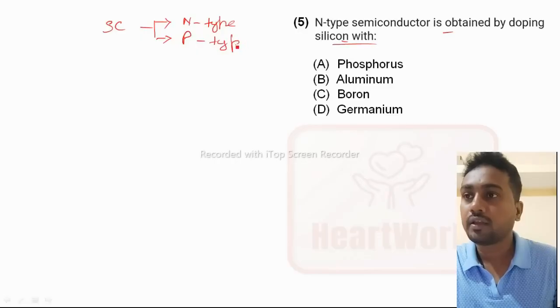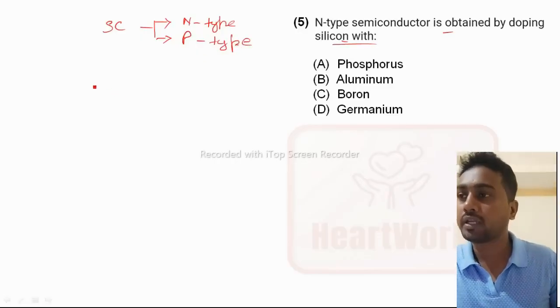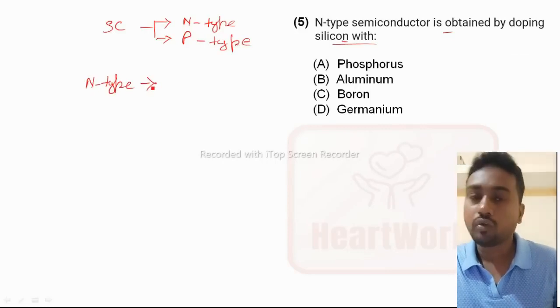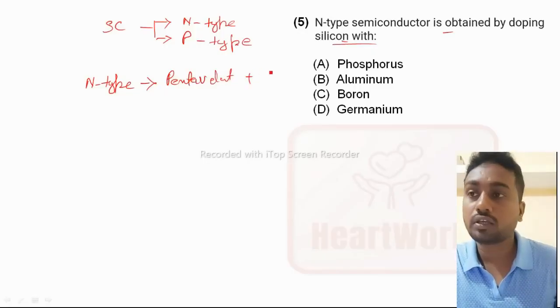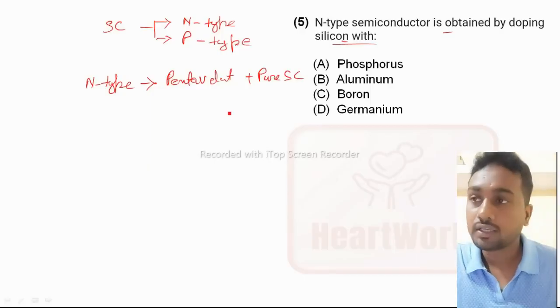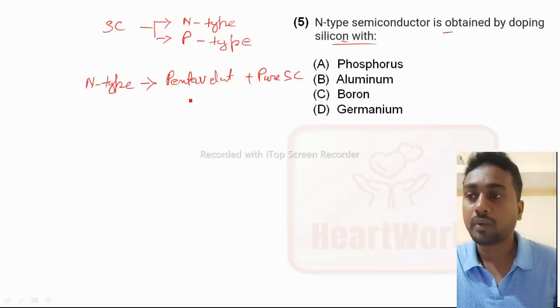Now how are N-type and P-type formed? For N-type semiconductor, when pentavalent impurities are doped with a pure semiconductor, then N-type semiconductor is formed.